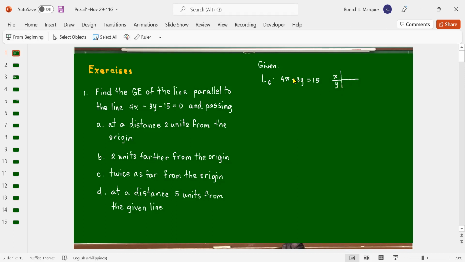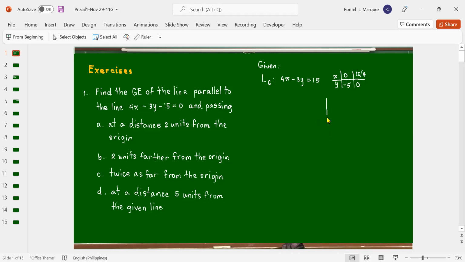If x is 0, what's the value of y? Negative 5. What about if y is 0? What's the value of x? 15 over 4, right? Or that is 3 and 3/4, or 3.375. Okay?